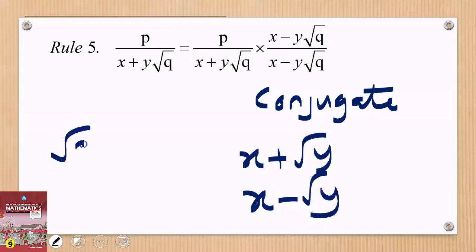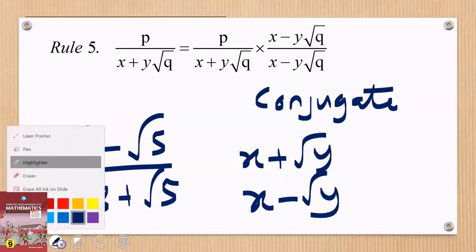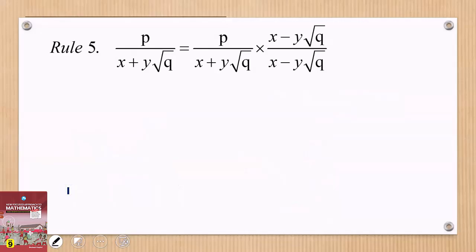If I have square root of 3 minus root of 5, the conjugate of this expression becomes root of 3 plus root of 5. That is what it means. So we use that conjugate to rationalize denominators of this sort. And so if I have p over x plus y root q, then I can maintain p over this and multiply both the numerator and denominator by the same conjugate, which is x minus y root q over x minus y root q.